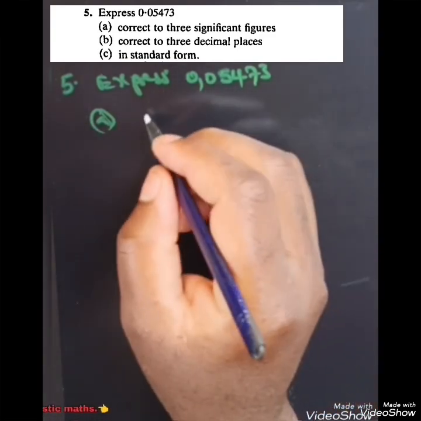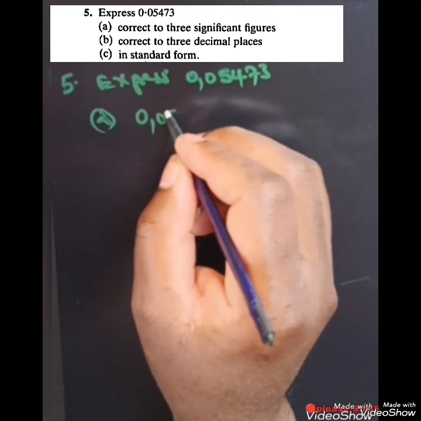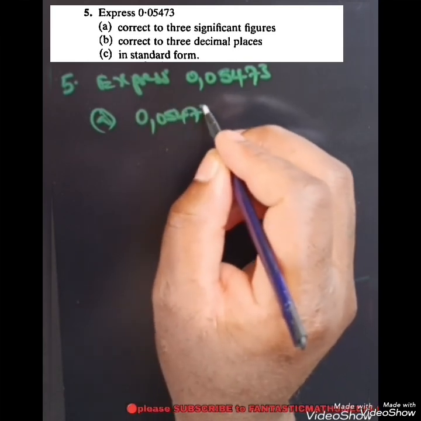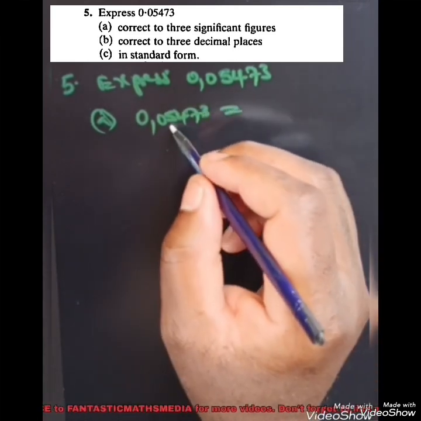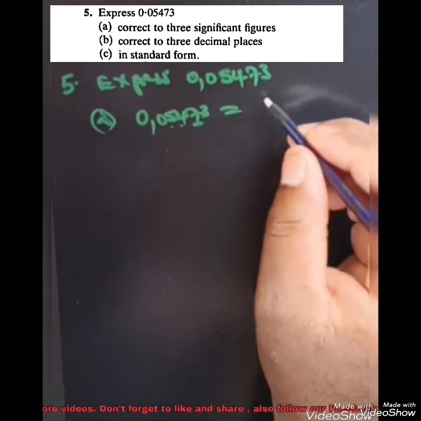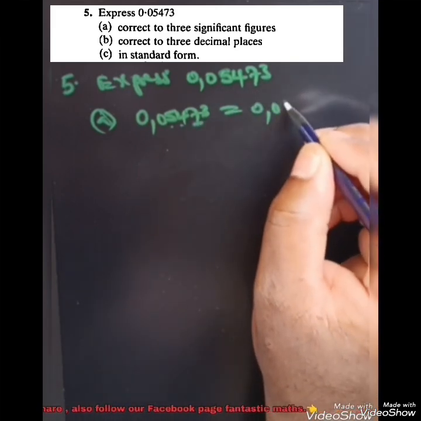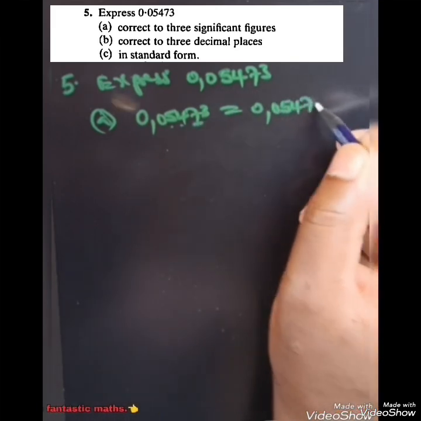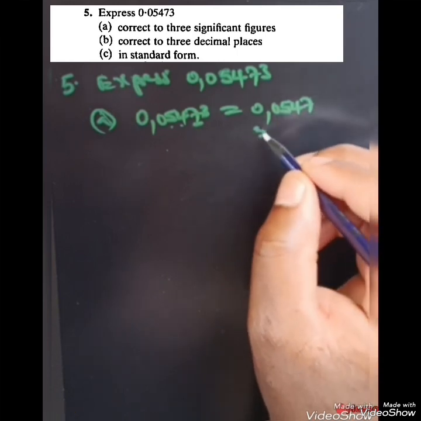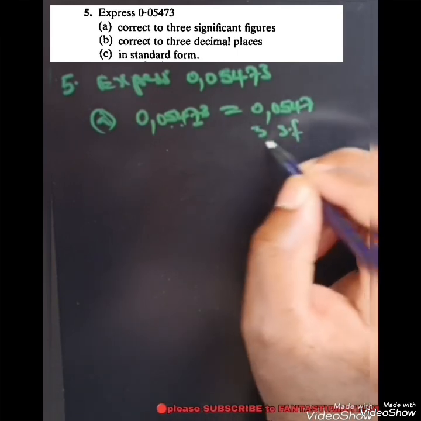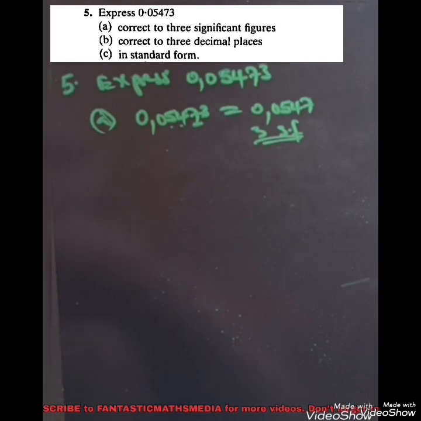So we start to count from 5: 1, 2, 3. Then look at the next number. Then we don't round up, we just write it as it is, round down. 0.0547 is our final answer to three significant figures.